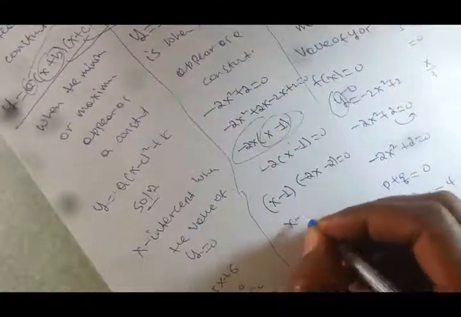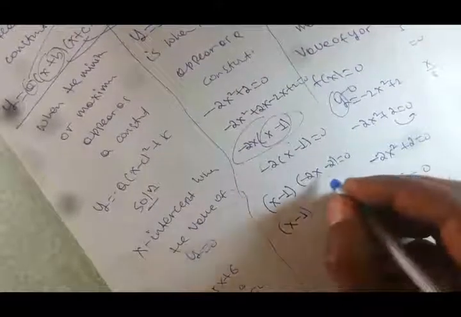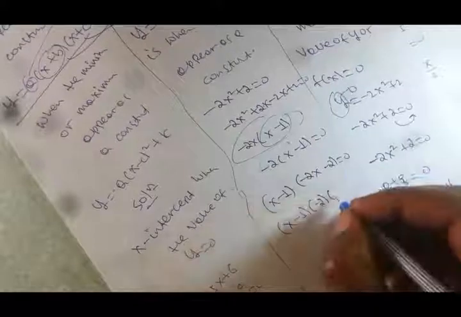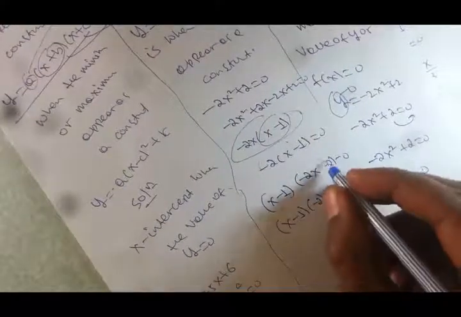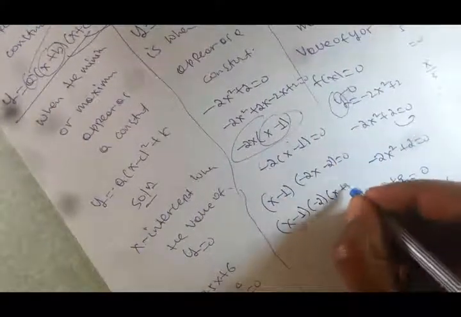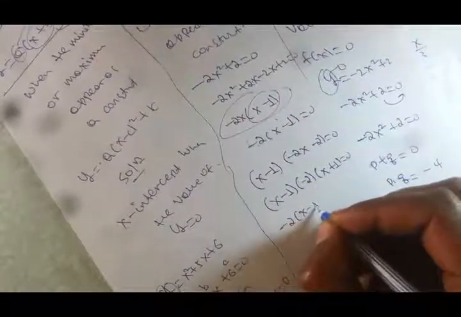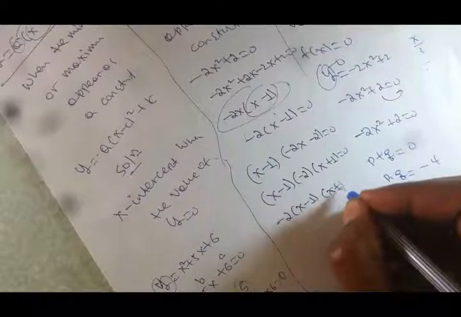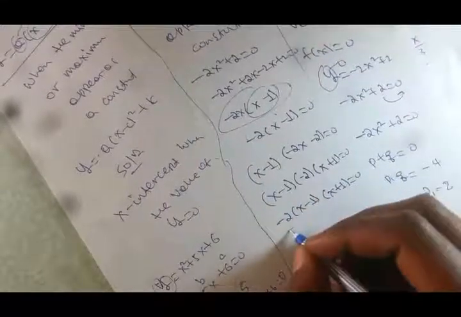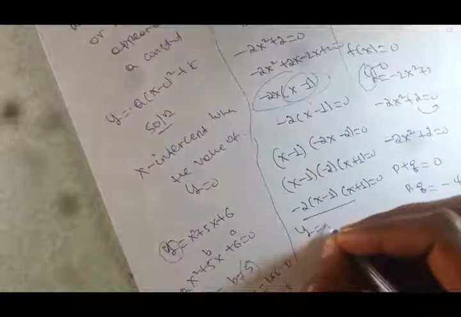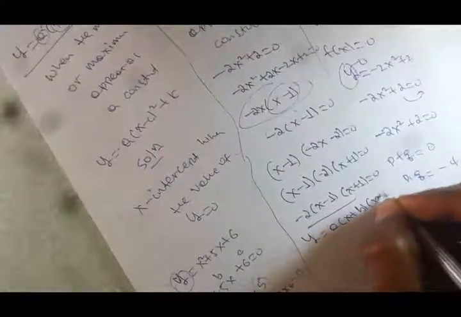Therefore x minus 1 times, when we take negative 2 common, minus 2 times x plus 1 will be left, is equal to 0. Minus 2 times x minus 1, x plus 1 is equal to 0. This is the equivalent form of y equals a times x plus b times x plus c.